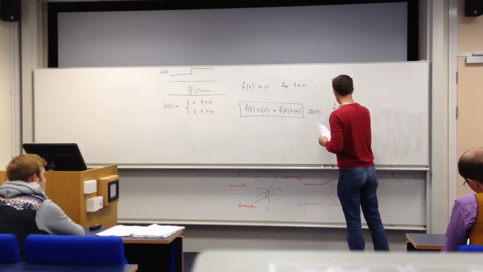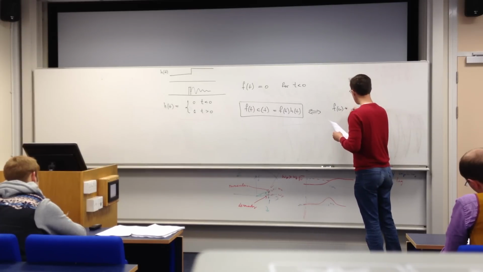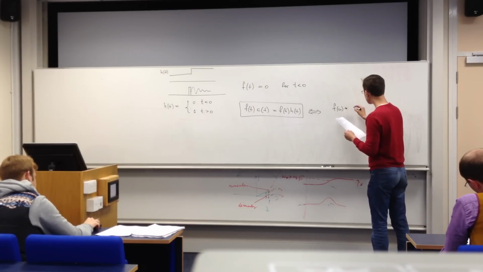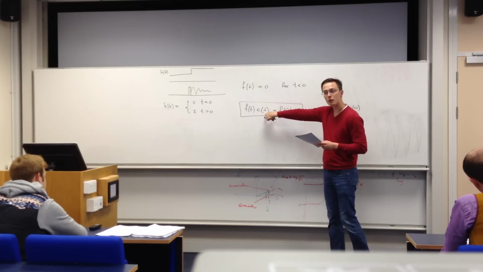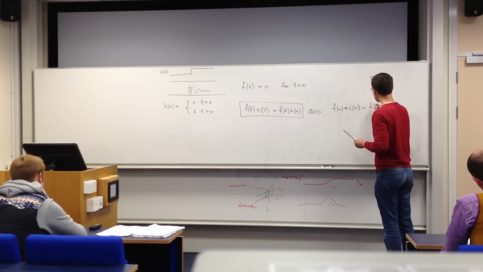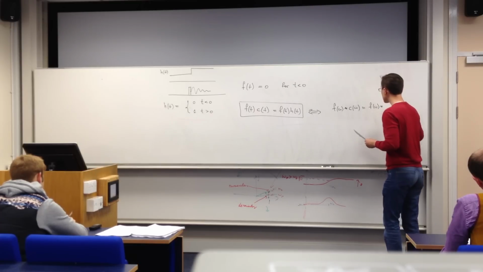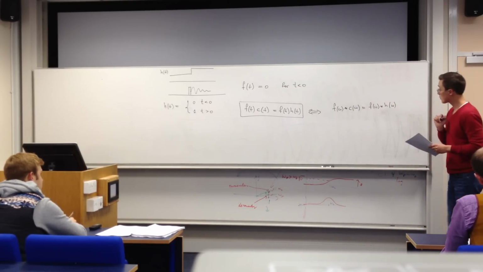So f of omega, our spectrum, convolution with c of omega, the Fourier transform of a constant, we'll get in a moment to what that equals, must be the same as f of omega convolution with the Fourier transform of the Heaviside step function.